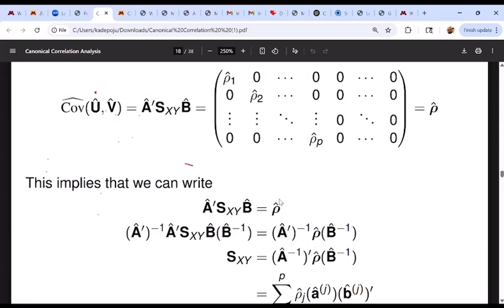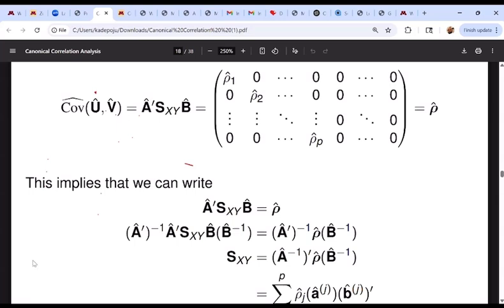Because in canonical correlation, the covariance and the correlation are going to be the same. And that's why, if I call this an estimate of the covariance, the estimate of the covariance is the same thing as the estimate of correlation in canonical analysis, which is what we're trying to say here.